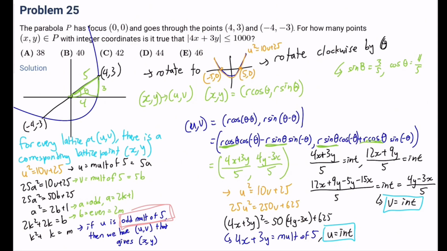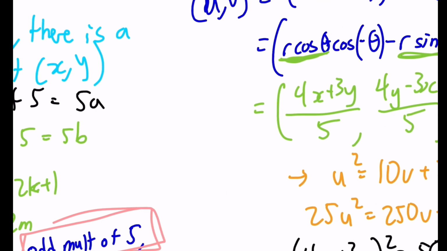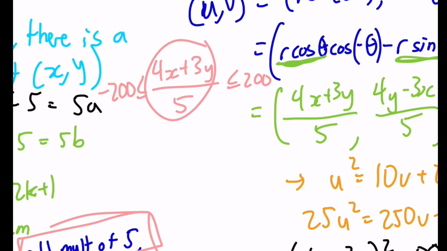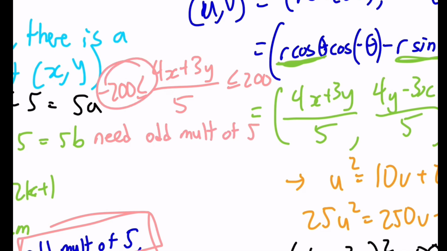So u is this value, which has to be an odd multiple of 5, and since the absolute value of that is within 1000, this means that (4x + 3y)/5 is going to be between negative 200 and positive 200, right? So we can move this like that. And so this is u. So we need the odd multiples of 5 that are within these parameters, right?